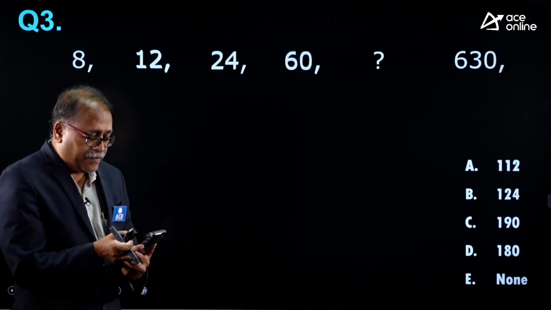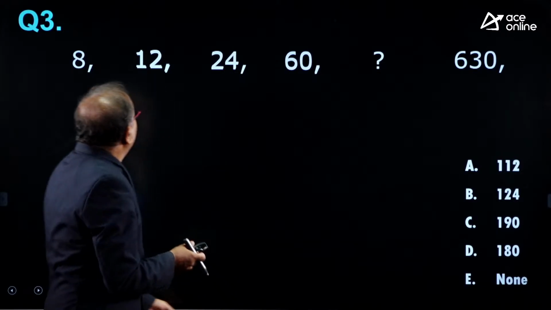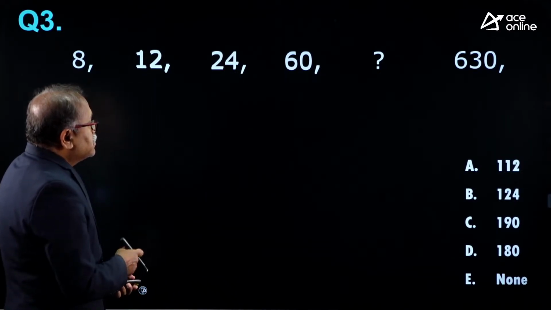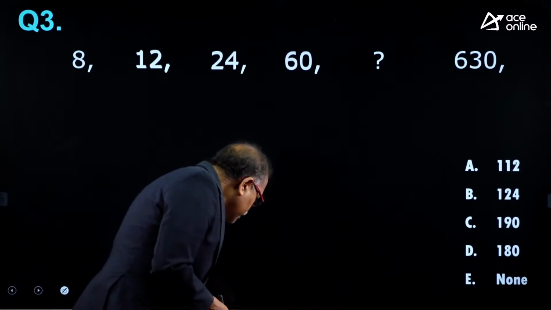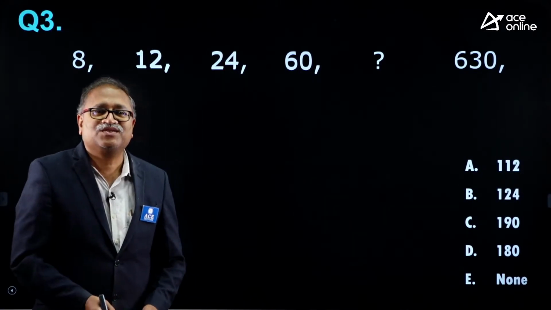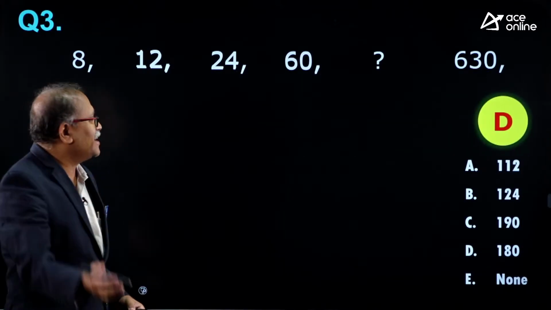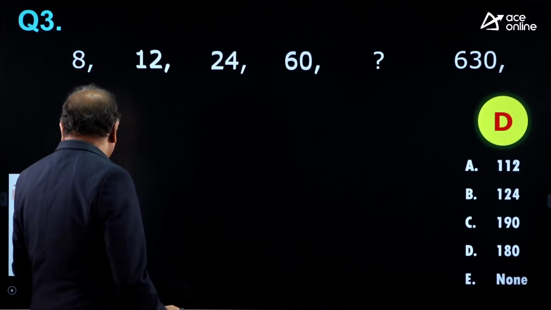Okay, now, what is the answer? Option choice D, 180. Oh my God. Solution for success, let me check that. You are right. So, what did you notice over here?